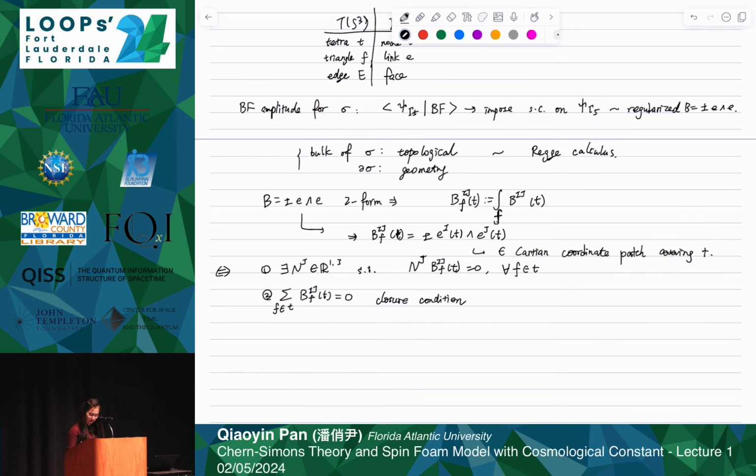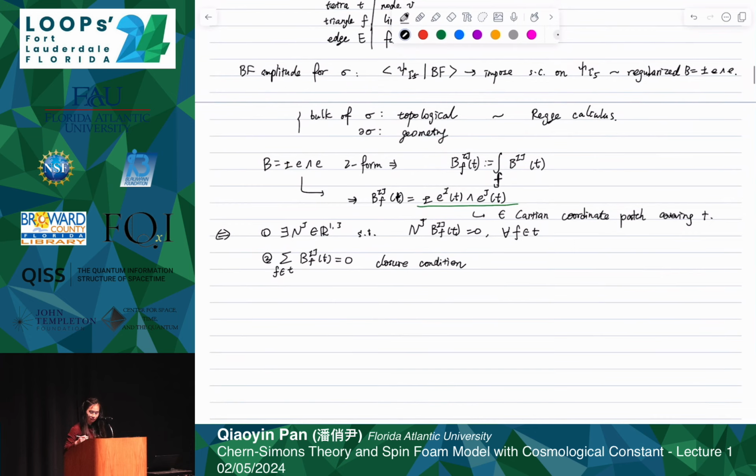You see that this constraint is associated to a triangle and encodes some geometry. So this B equals E wedge E just encodes the geometry of a triangle, in the sense that it tells you the normal and the area of a triangle.